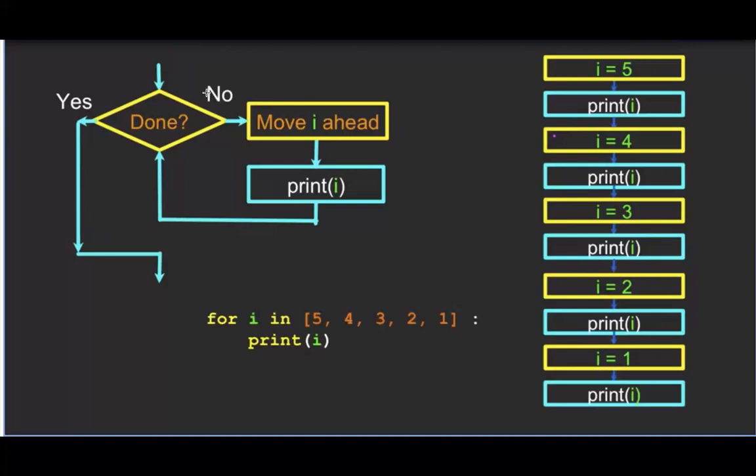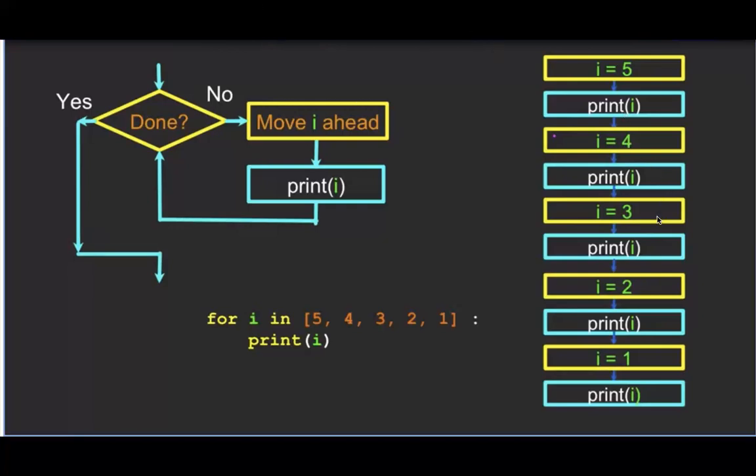For loops in Python are usually different from for loops in other coding languages such as C++. So you would see a slightly different concept over there. Let's see what this means.